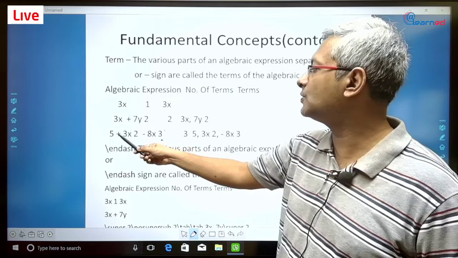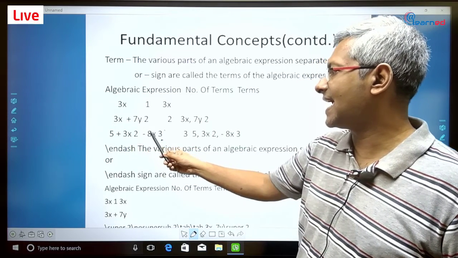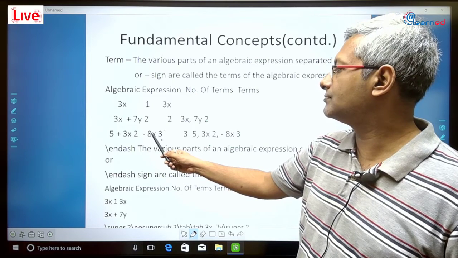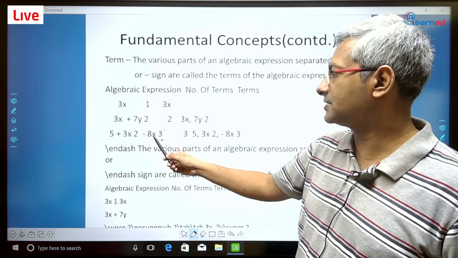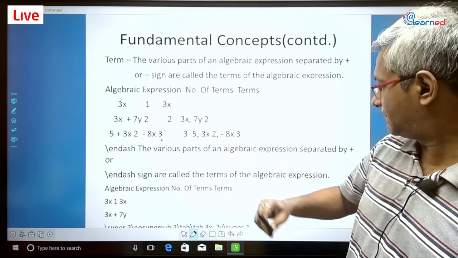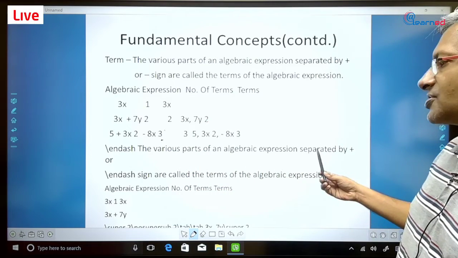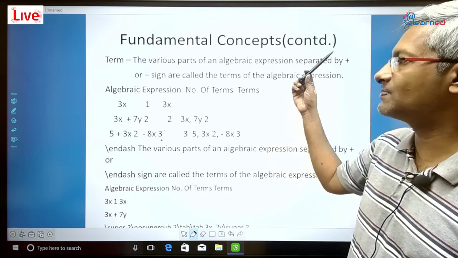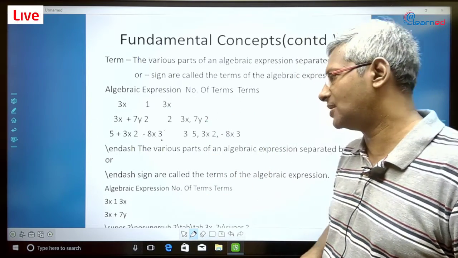So over here we have 5, 3x and minus 8x as the three terms. So this has become a little different. Anyway, so the various parts of an algebraic expression are separated by what? Plus and minus, those two mathematical symbols. Okay.